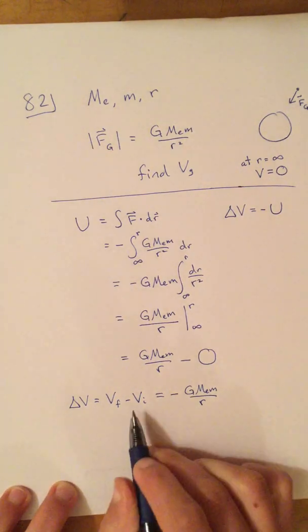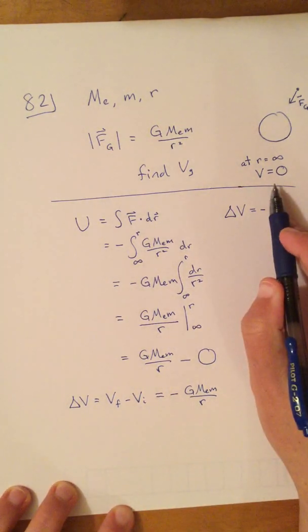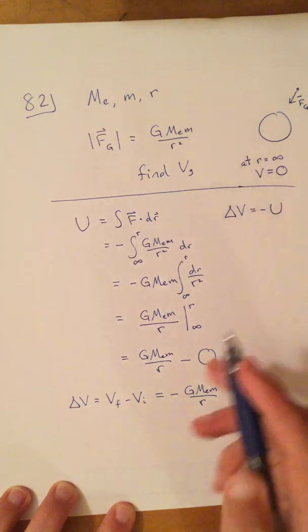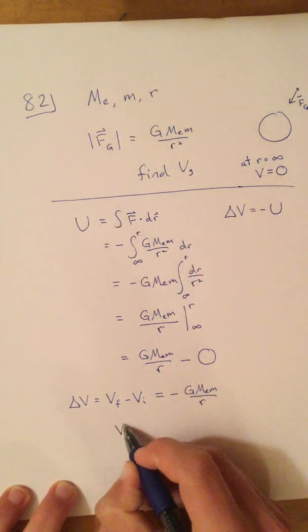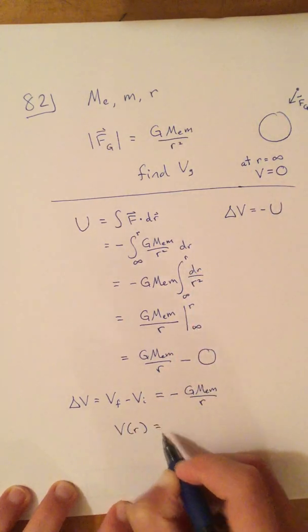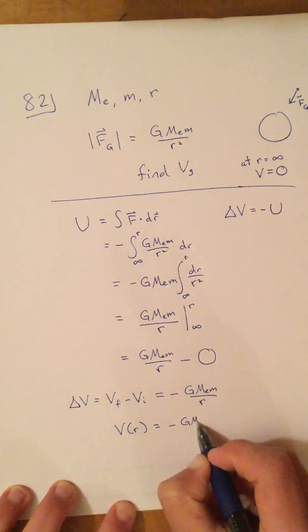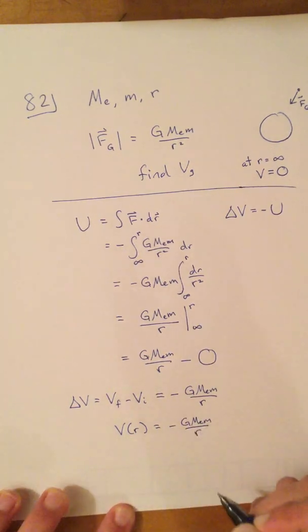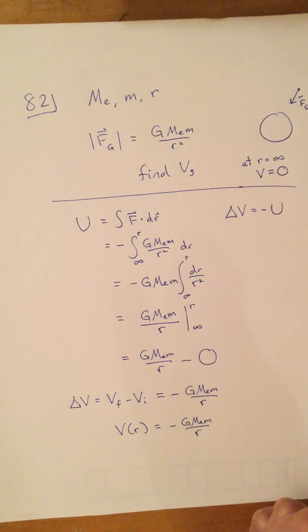And the initial was 0. We started at infinity, so V final, or V at r, is equal to negative G M m over r, which is what we were supposed to show.